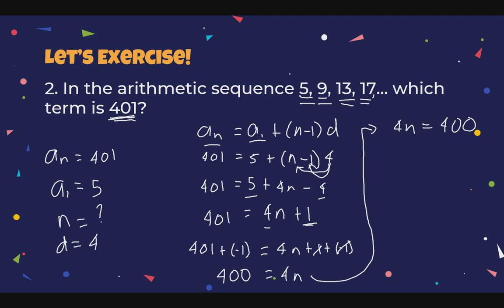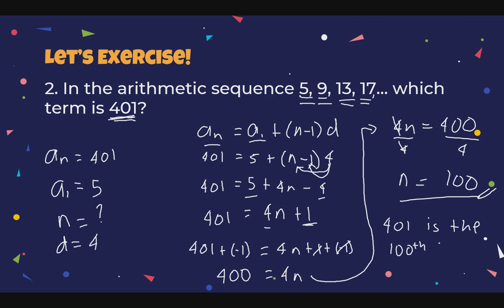So to reduce 4n to n, we have to divide both sides by 4. So n will be equal to 100. So meaning to say, 401 is the 100th term, or siya yung pang 100 term ng sequence.